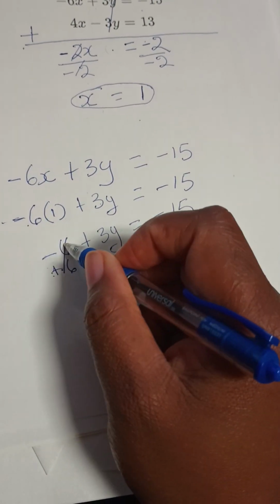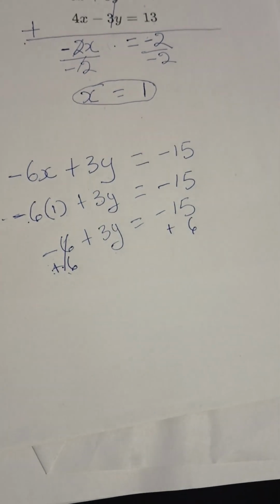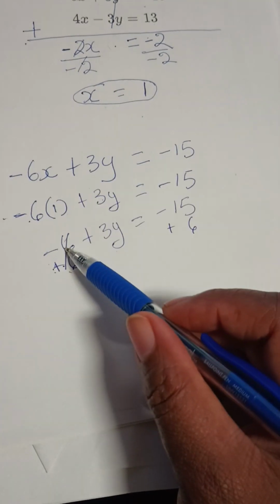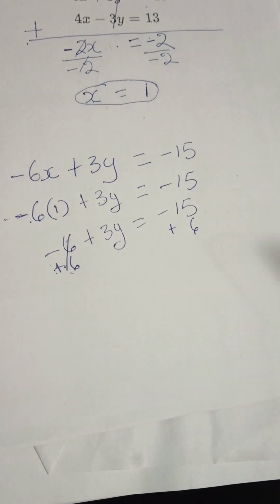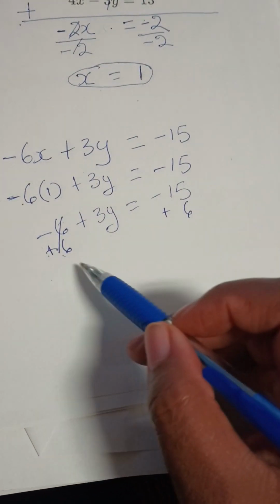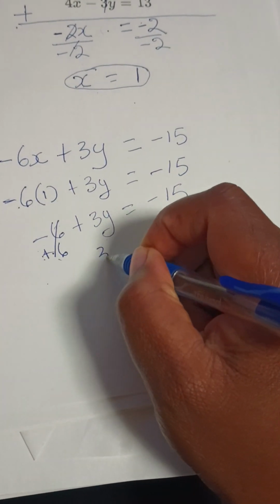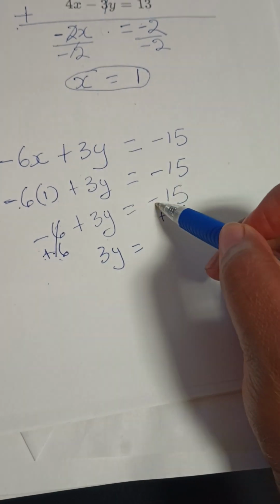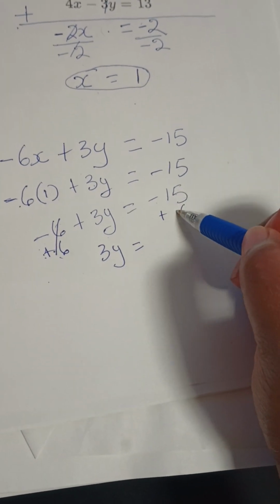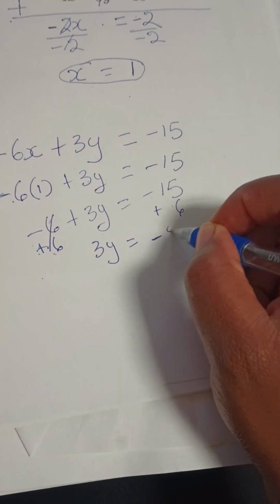So it's negative 6 plus a positive 6, it cancels out. Again, same digit, two different signs, cancels out. You could put a 0 if you wish. You don't have to. So I'm going to bring down my 3y is equal to negative 15 plus 6. That's going to be negative 9.